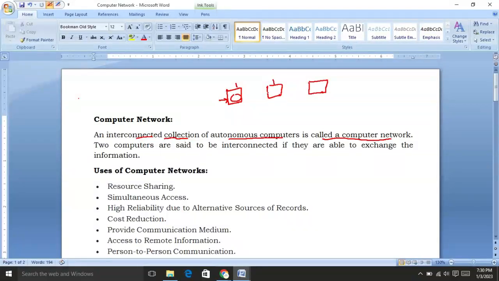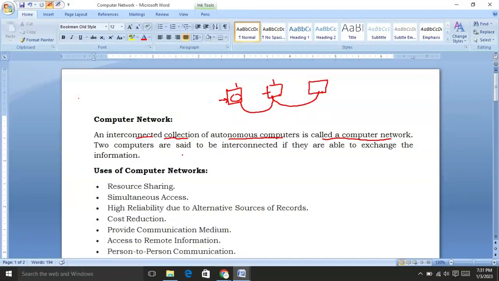But for the transmission of information or sharing of information or resources, these three computers are interconnected by using wires or sometimes wireless. Then this is known as a network.